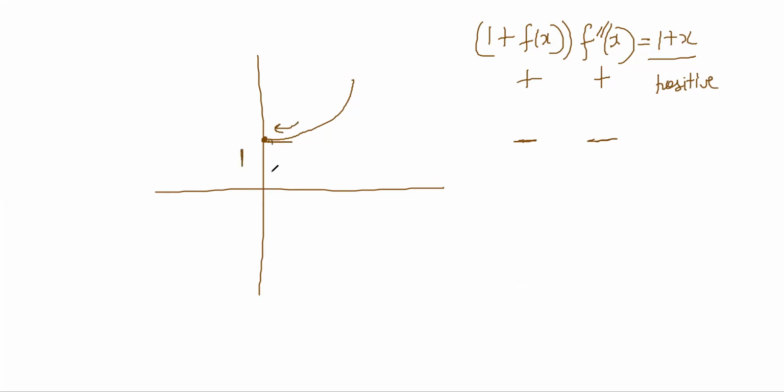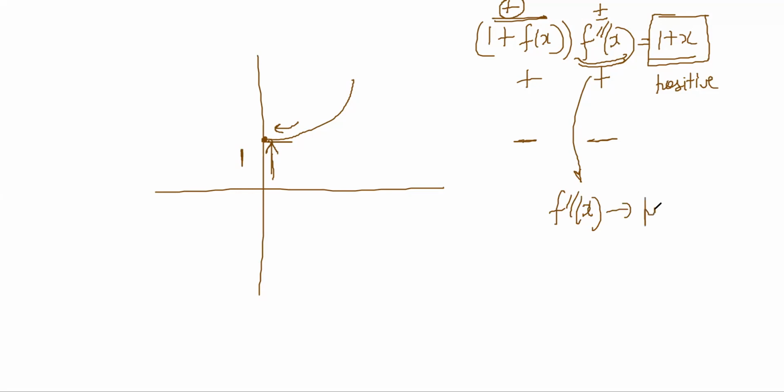So f of x was positive. This part near 0 is always positive. So this part near 0 must also be positive because the right hand side is positive, right? So that told us that f double dash x is positive near 0, from the right hand side.